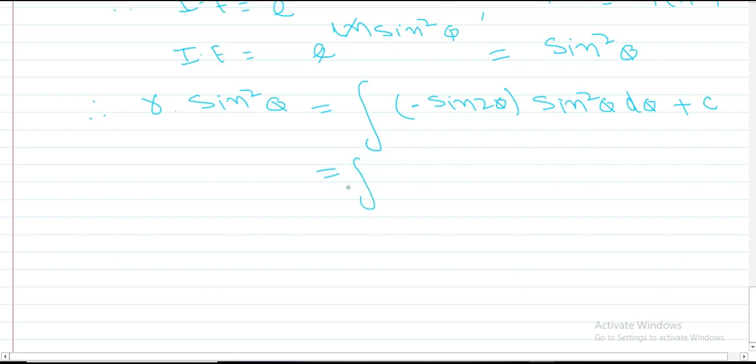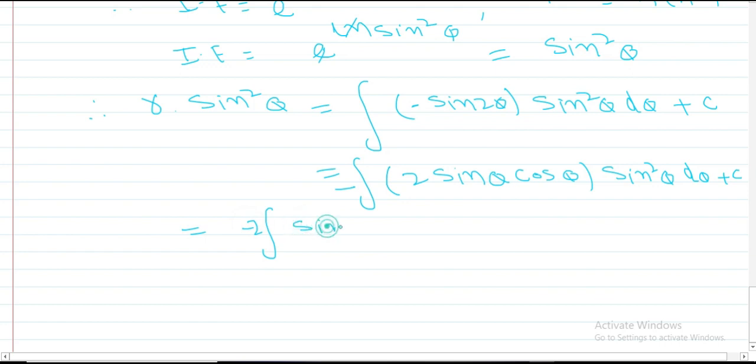That is equal to minus, we also know that instead of sin 2 theta we can write twice sin theta cos theta, into sin square theta d theta plus c, that's equal to minus 2 integral of sin cube theta cos theta d theta plus c.